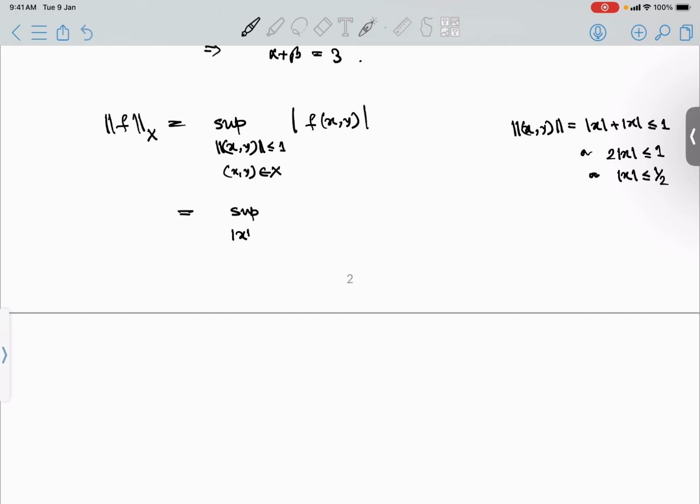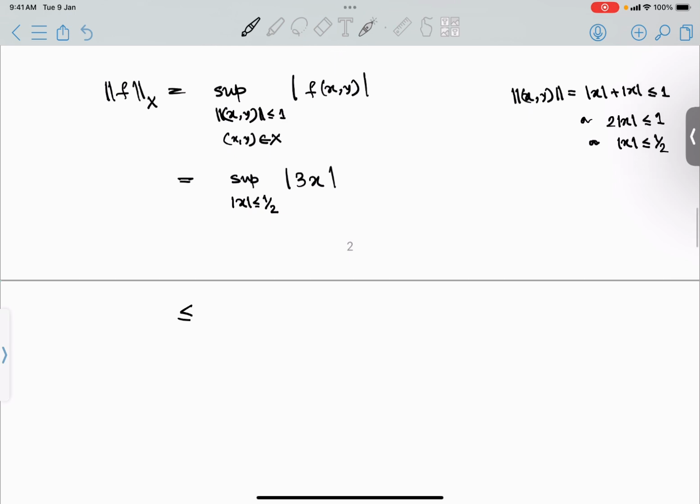So the supremum over mod x less than half of 3x is less than 3 times mod x, which is less than 3 by 2, because mod x is less than half. So you get the norm of f is at most 3 by 2, but we need it exactly.